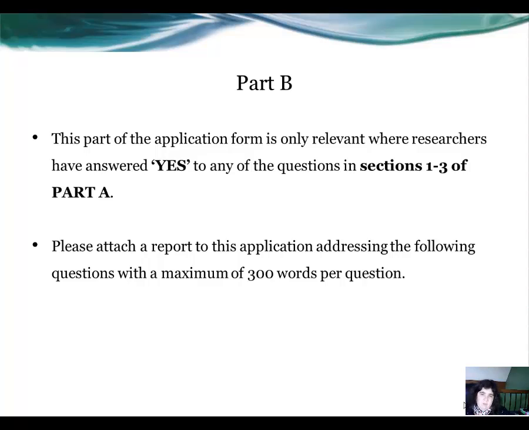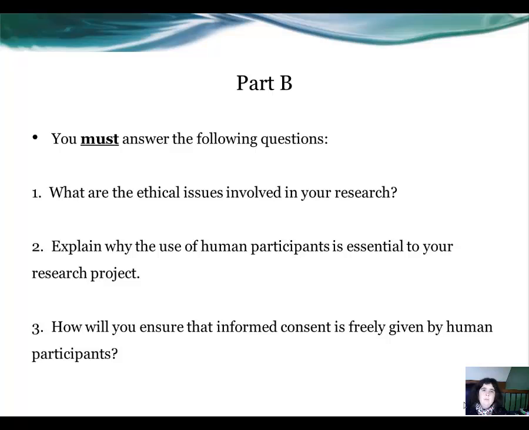The Ethics Committee is expecting a report to be attached to the application addressing a number of questions, with a maximum of 300 words attributed to each question. So this means some thought needs to go into part B of your research ethics form. And what are those questions? Well, the first 3 questions are asking you what the ethical issues involved in your research are.